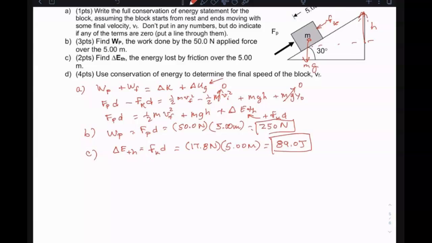And then finally, part D, use conservation of energy to determine the final speed of the block, v sub f. We're going back to our statement above.